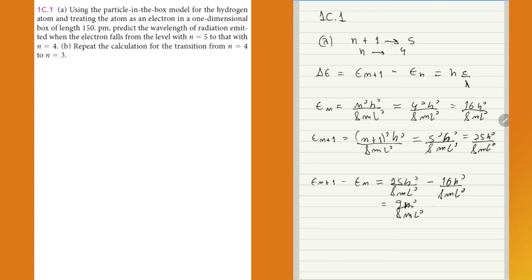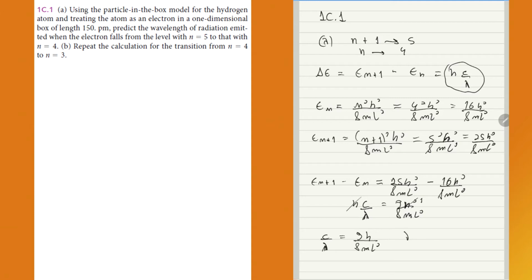And we equate this to h nu. So we need to know the wavelength, which is lambda. We cancel the Planck constant from one side and from the other side, leaving one h, and we get c over lambda equals 9 h over 8 m L squared.